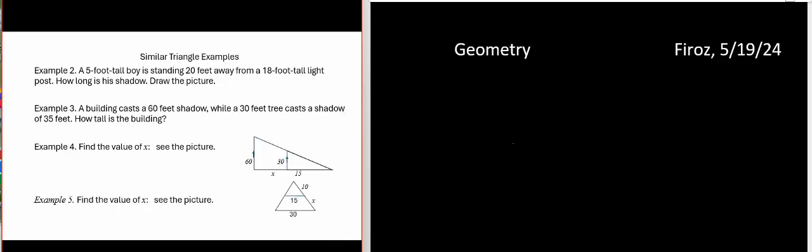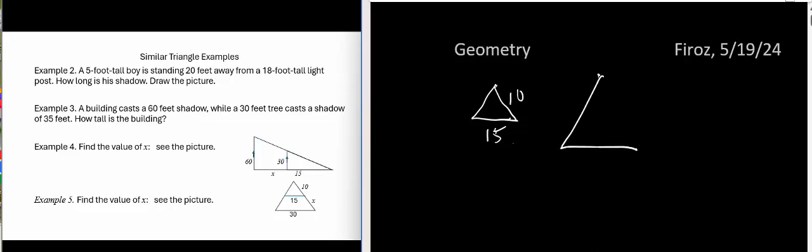So now we are taking example 5. In this, as you see, we have a small triangle here. This is 10, this is 15. And then if I consider the bigger one, this one will be 10 plus x, and that side is 30.